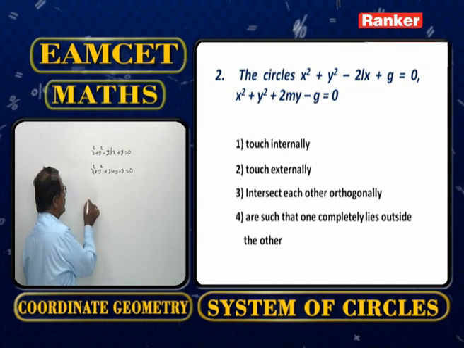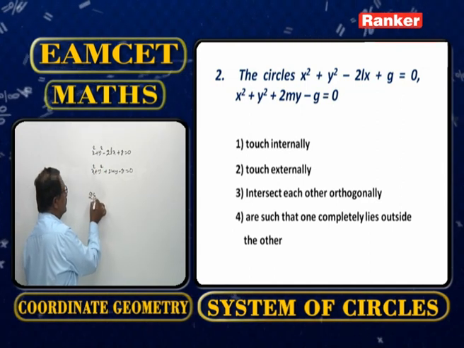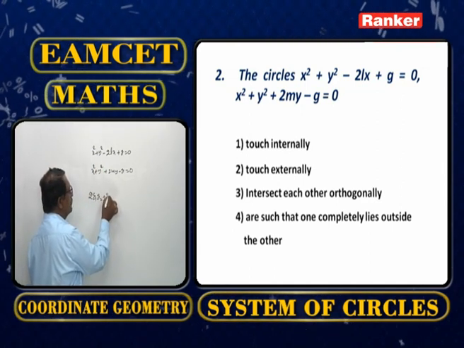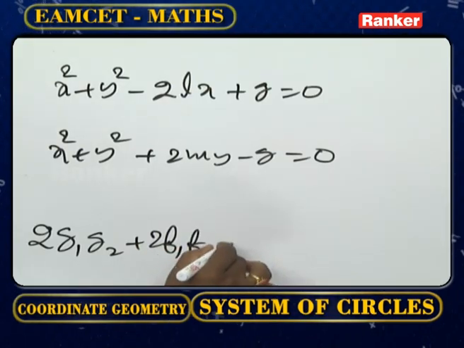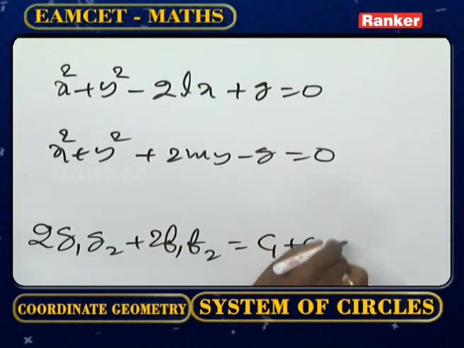Suppose the two circles are orthogonal to each other, the condition is 2g1g2 + 2f1f2 = c1 + c2.